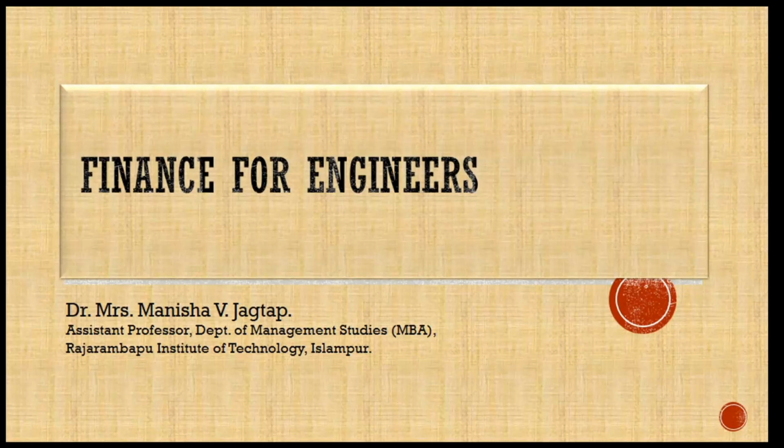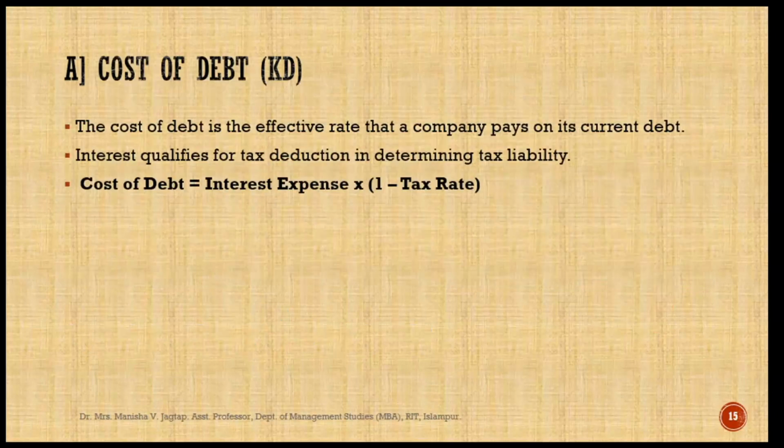So there should be an ideal mix by the firm of debt, preference shares, and equity shares, which will help to maximize the share price in the market. Here we started with the discussion on cost of debt, and we tried to understand that the cost of debt is the rate of return that a company provides to the debenture holders or creditors.